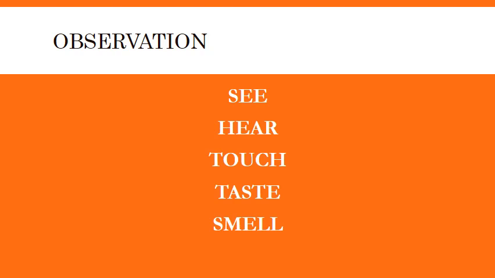Like we observe the sun rises in the east and sets in the west. So this sort of observations helps us to draw scientific conclusions. That only tells us either the sun is moving or the earth is moving. So all such observations are very important part in the learning of chemistry.